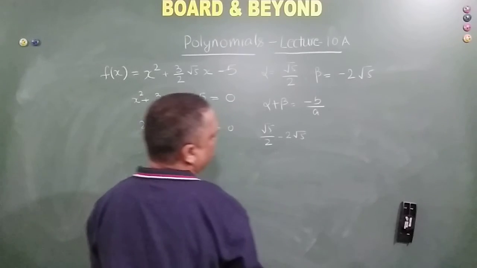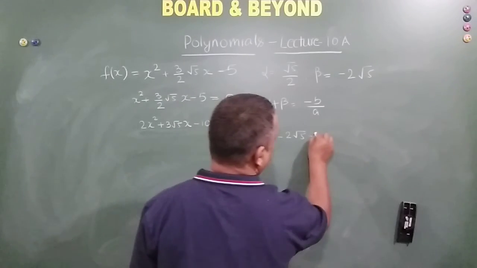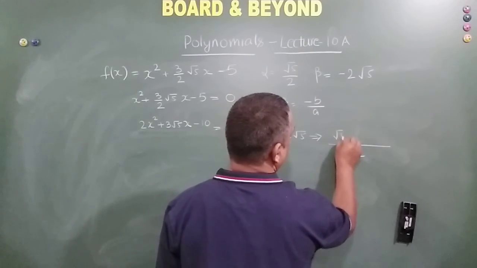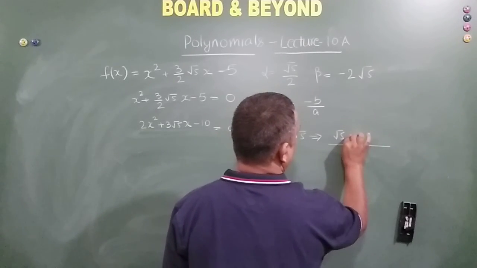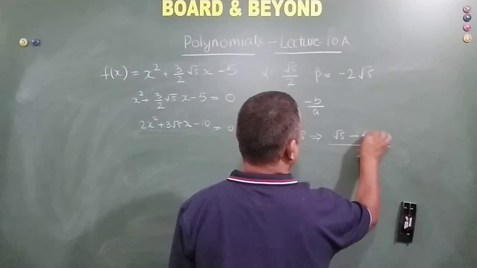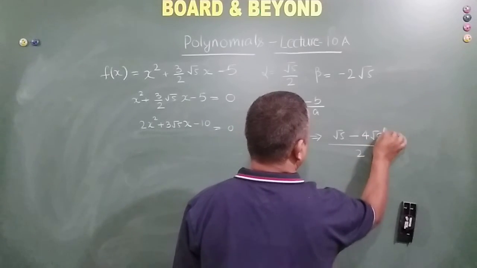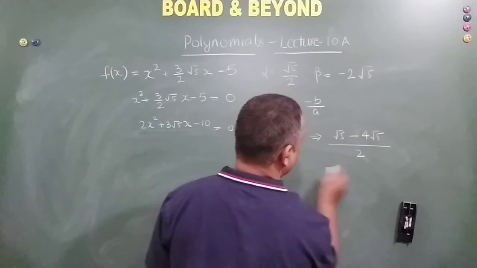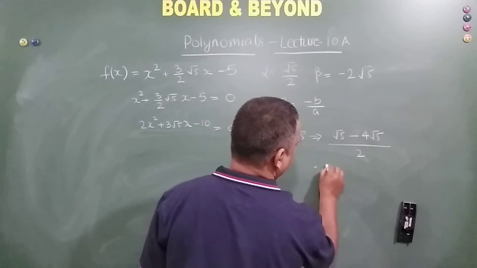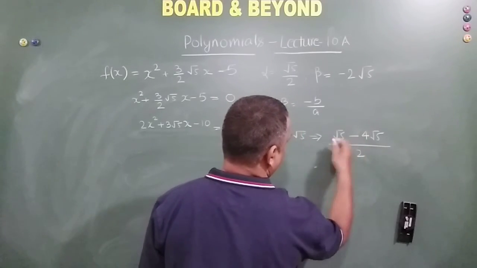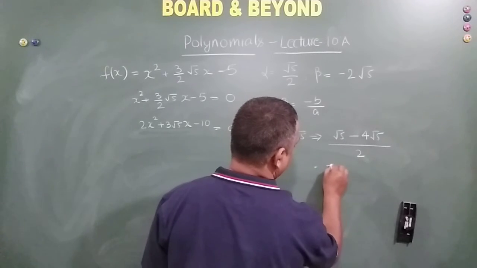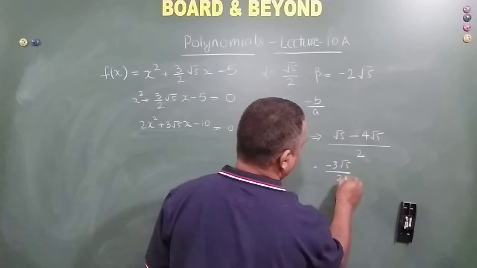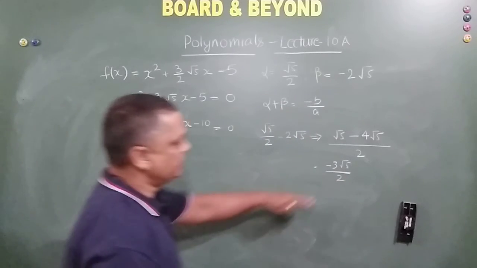Taking 2 as LCM here, it's root 5 minus 4 root 5. So root 5 common, 1 minus 4 is minus 3 root 5 by 2. So this is alpha plus beta.